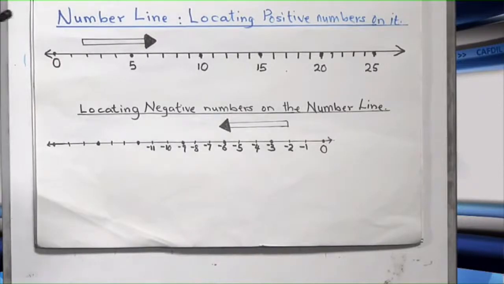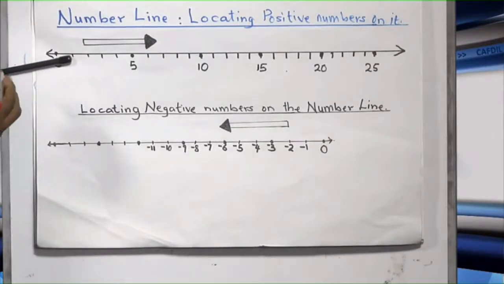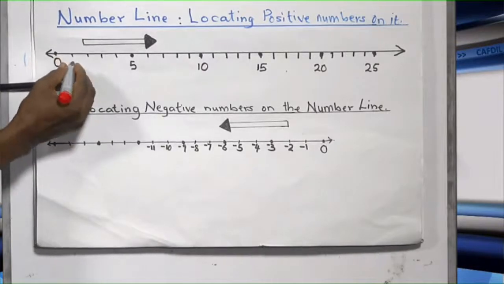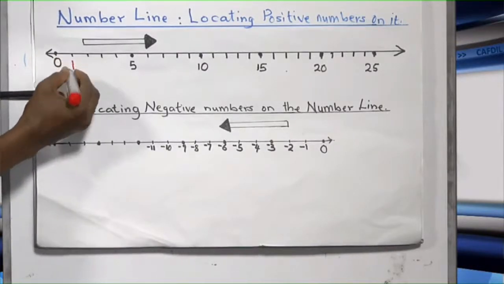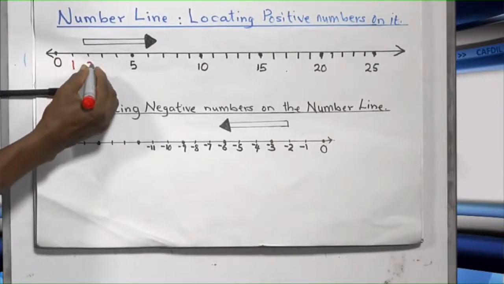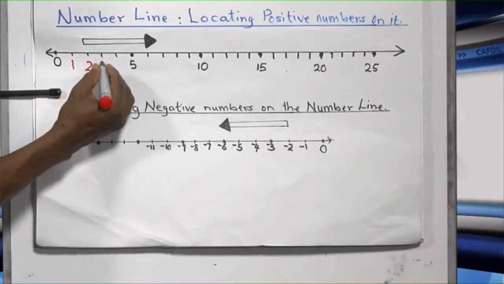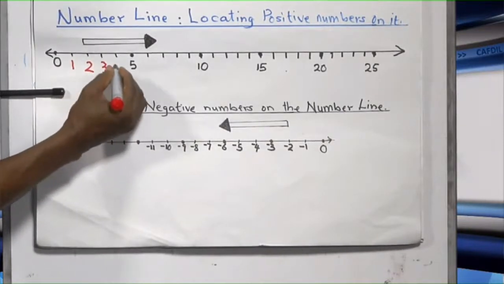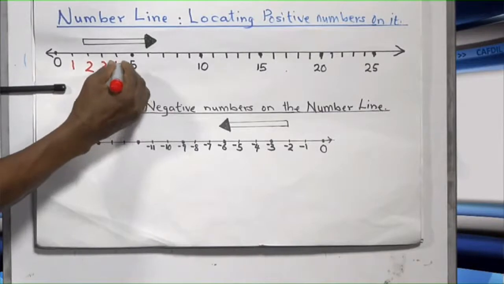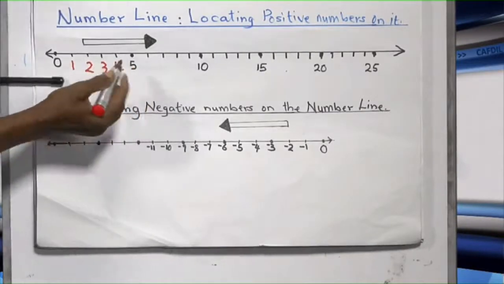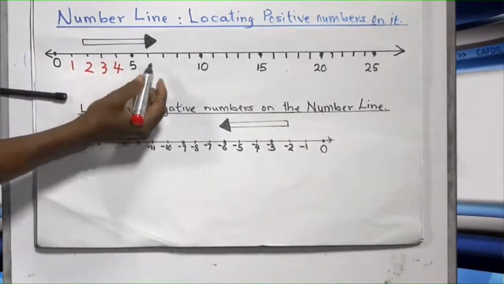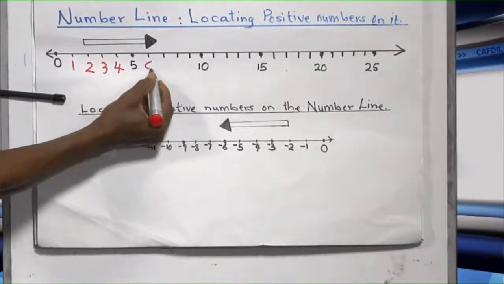So let's see if our number line is correct by going through the figures. 0. Then you go to 1. Then 2. 3, 4, 5. The next one, 6.